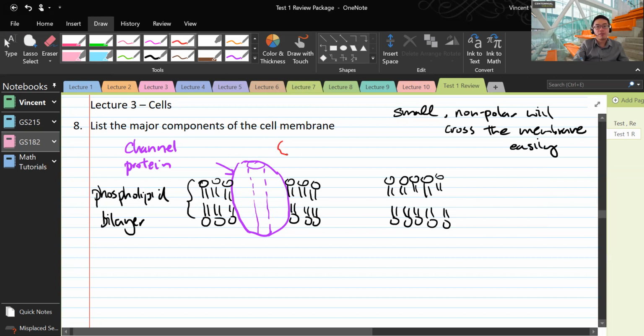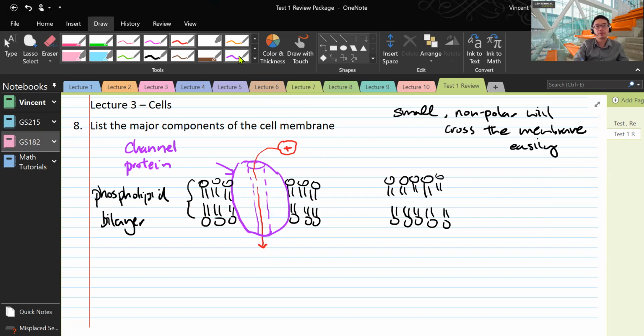So if I have something like a charged particle, the charged particle would not be able to go through the phospholipid bilayer on its own because of the hydrophobic layer. So the channel protein provides a corridor, a tunnel that will shield the charged particle from the hydrophobic environment, and it allows it to go through.